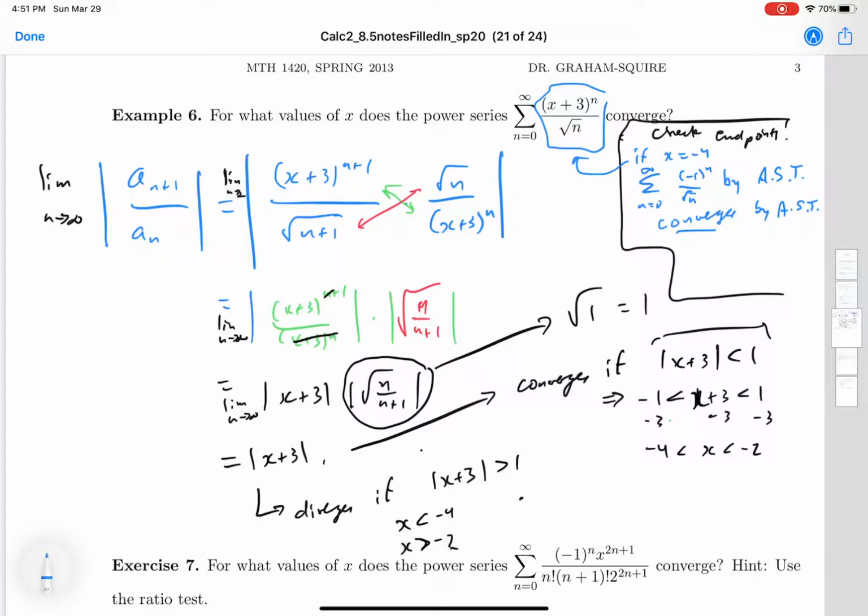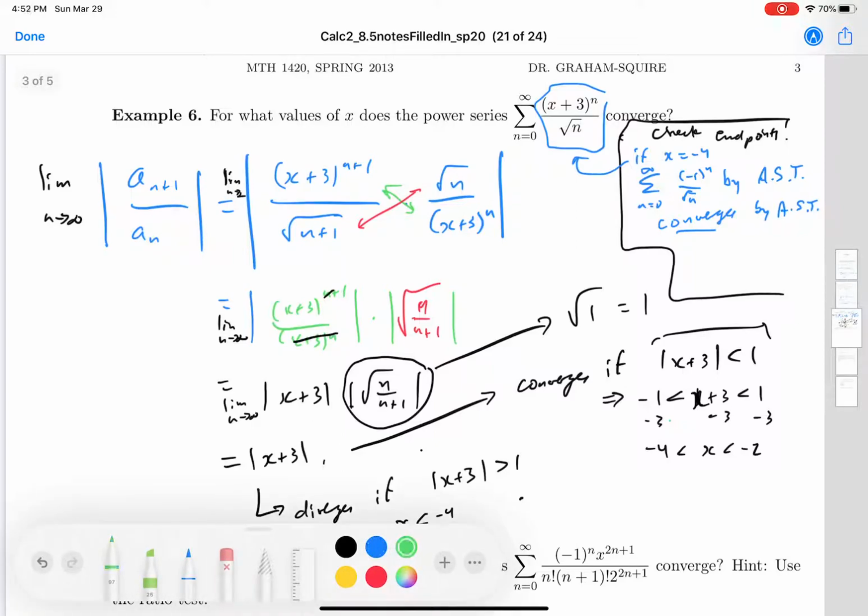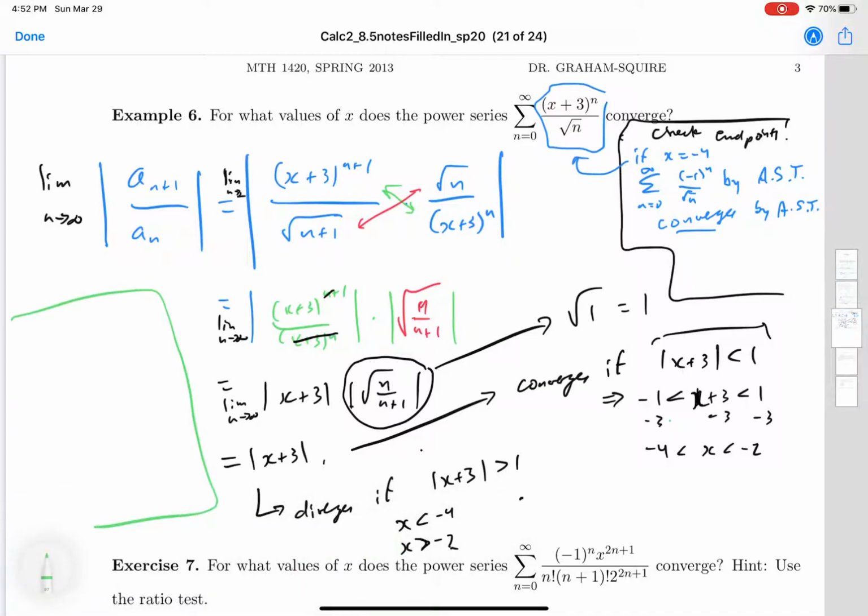And what happens at -2? Maybe I'll do that over here on the other side. If x equals -2, we get the sum to infinity, n equals 0, -2 plus 3 would give me a +1 to the n power, which is just 1 over the square root of n. And this is a p-series.